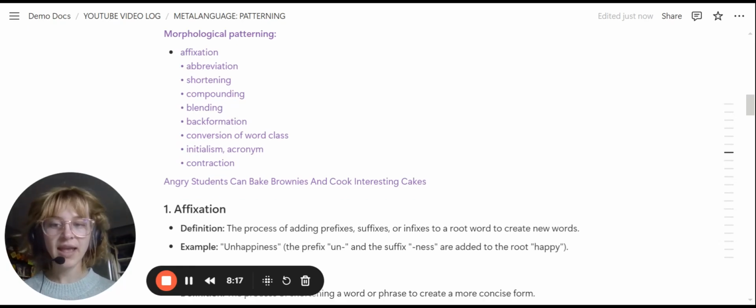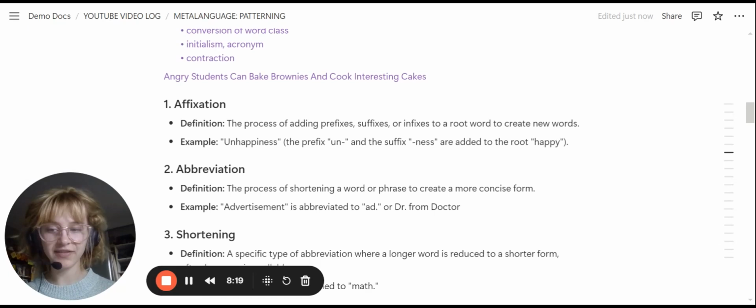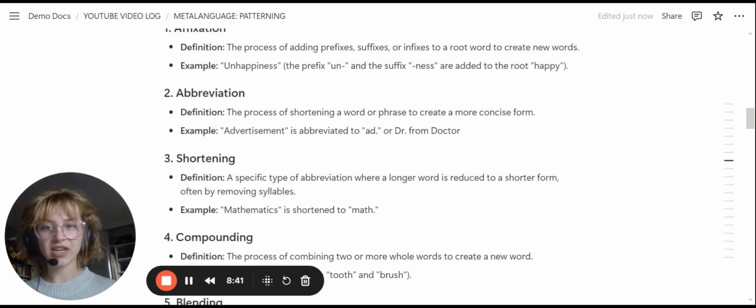So affixation first. So prefixes, infixes, suffixes, pretty easy, pretty similar to what you guys would have discussed in year 11 VCE English Language when you talked about morphology as the subsystem itself, mostly just root words and affixation. That is one of the key and also one of the easiest word formation processes to identify. Then we've got abbreviation.